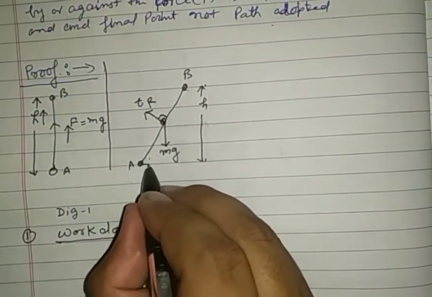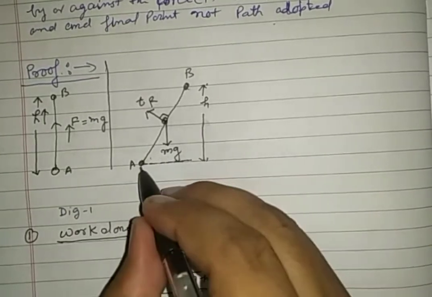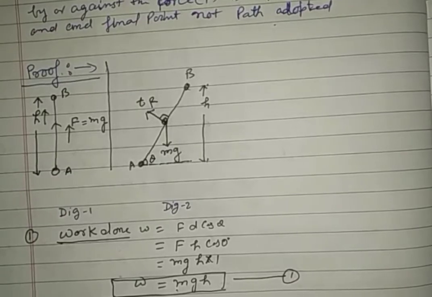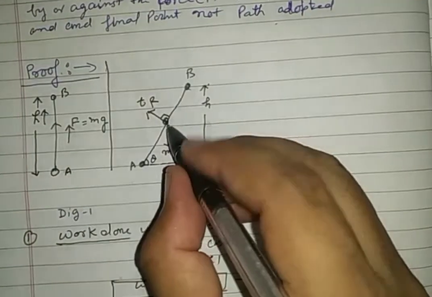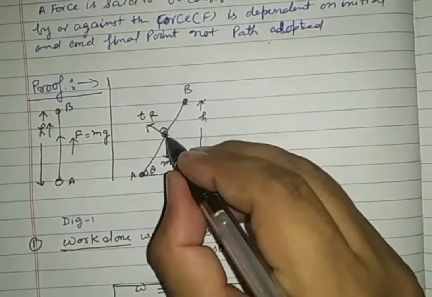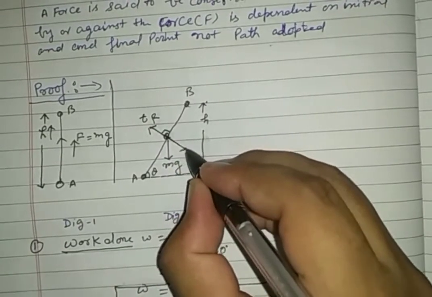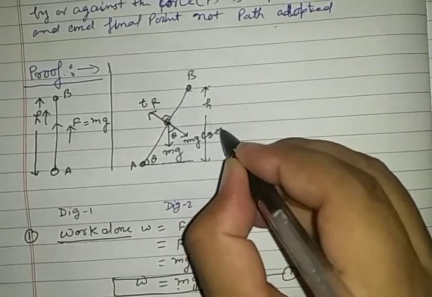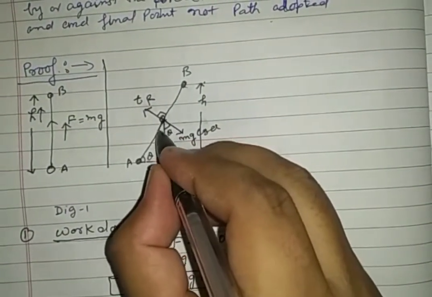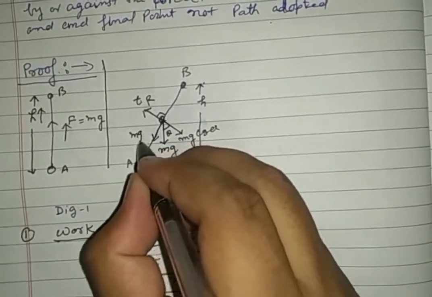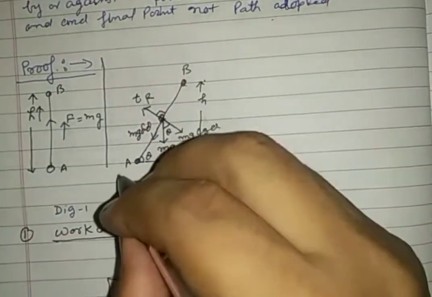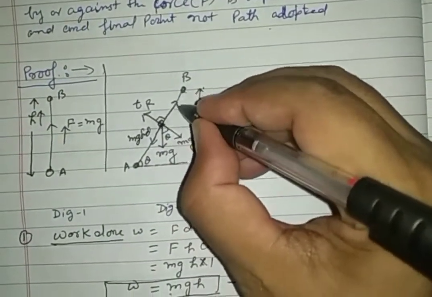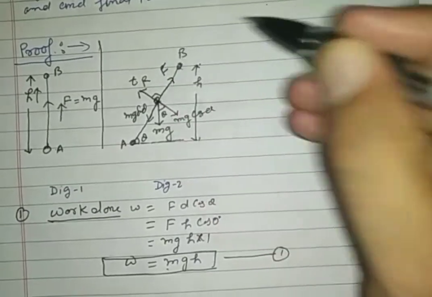Now see, let this inclined plane make angle theta with the horizontal here in the diagram. Now obtain the projections. This is also theta, this is mg cos theta, and here mg sin theta, and the required force to move up from A to B is this mg sin theta acting in the upward direction.